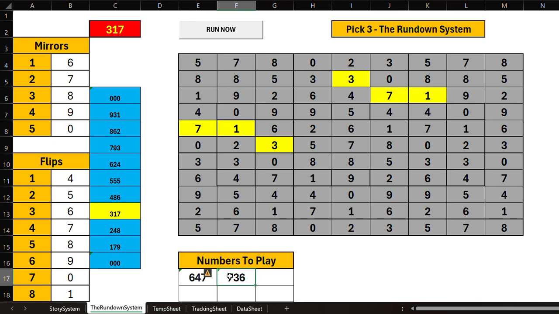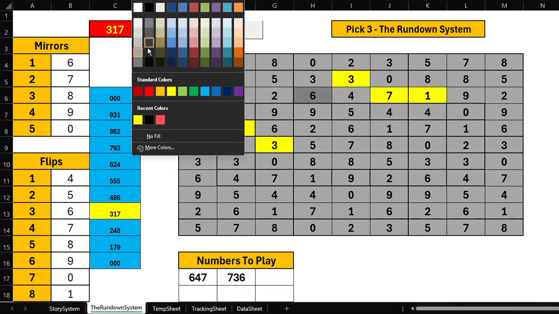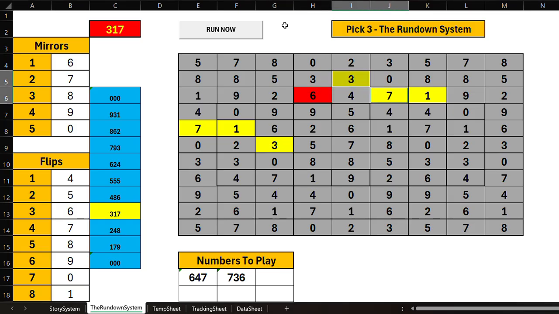So this next day's number went to 736, which all it did was really mirror the number on the 6 itself. So 376, right? It's your number right there. 317. It's attached to it already.